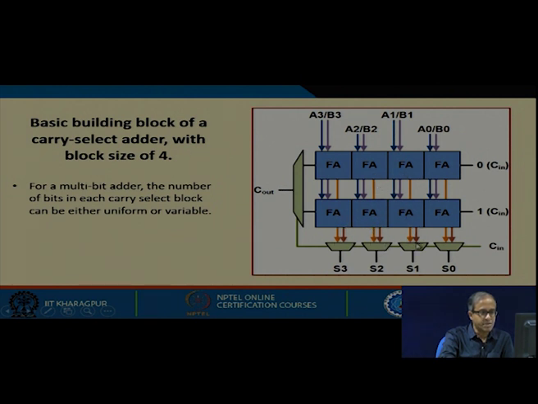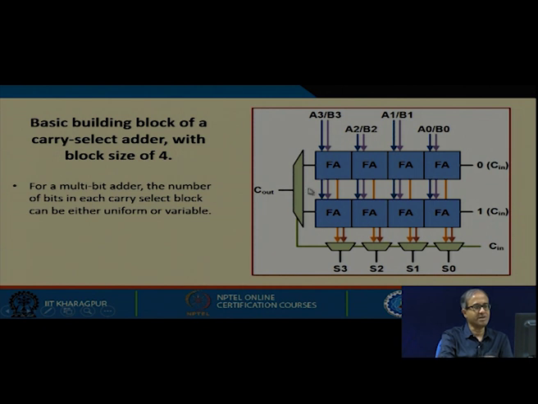So the 2 additions are fed to a chain of 2 to 1 multiplexers. Later on, when the actual value of C in gets known, by that time the full adder operations are already done. So you can simply select the multiplexer and take out one of the 2 sums that you have calculated. Similarly, the carry out. So either you take carry out from here or carry out from here, depending on the value of C in.